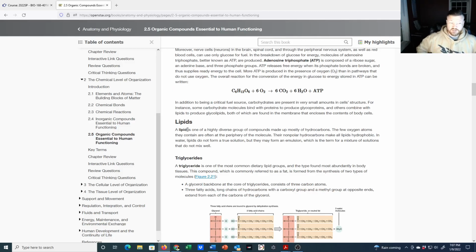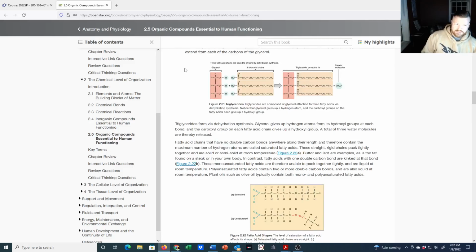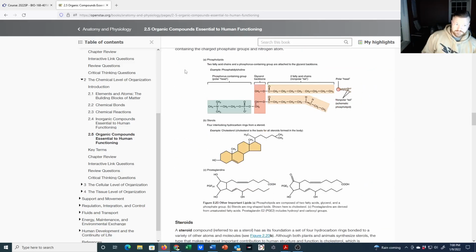Again, it's not a coincidence that we store fat. Why would we store excess energy as fat? Well, because you can store the most energy in the bonds of lipids or fats. It's also why it takes so long to get rid of it. You have to do so much work in a calorie deficit in order to get rid of that fat because there's so much energy in it.